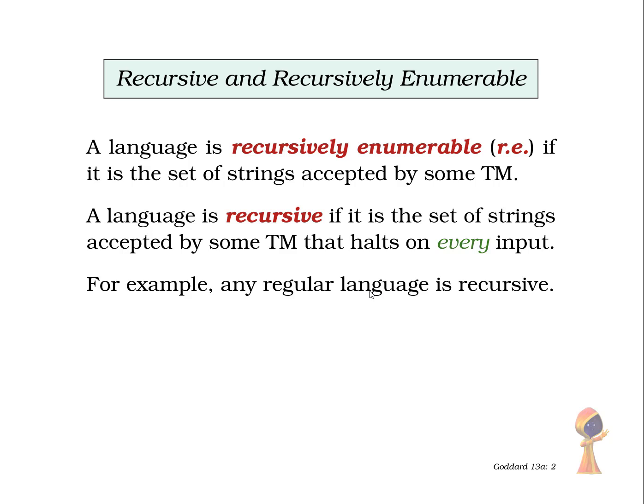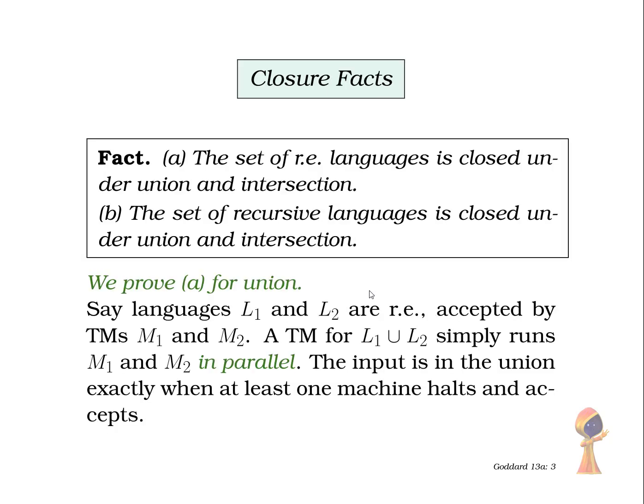So let's look at closure facts. The set of recursively enumerable languages is closed under union and intersection. And the set of recursive languages is closed under union and intersection. So basically both these classes are closed. What does closure mean? It means that it holds for all cases.